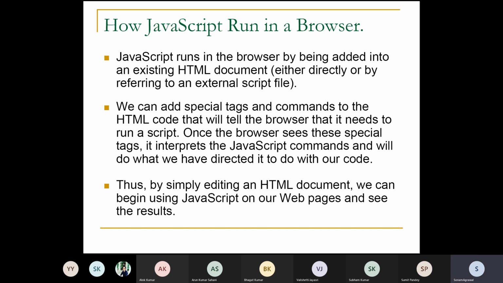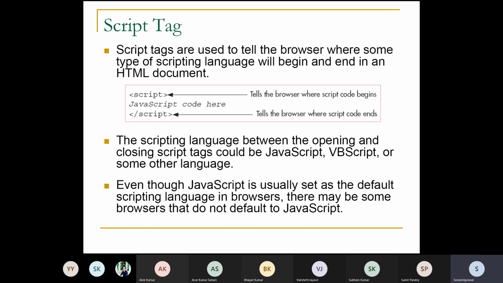Once the browser sees these special tags, it interprets the JavaScript commands and will do what we have directed it to do with our code. Thus, by simply editing an HTML document, we can begin using JavaScript on our web pages and see the results.